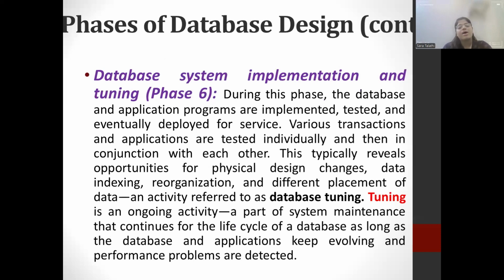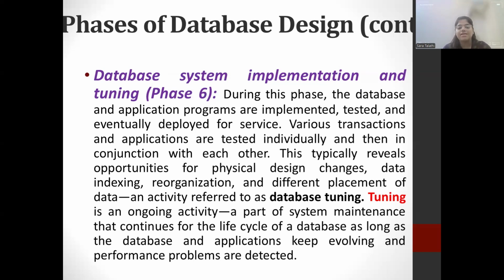The last phase is about database system implementation and tuning. During this phase, the database and application programs are implemented, tested, and eventually deployed for service. Various transactions and applications are tested individually and then in conjunction with each other.